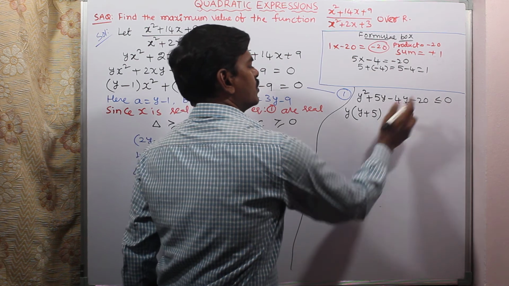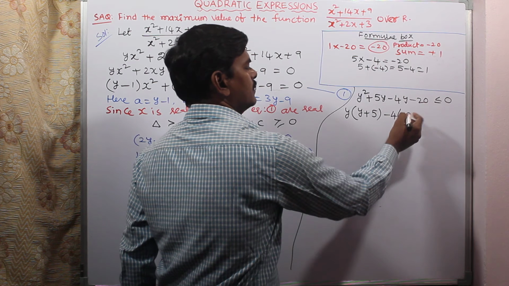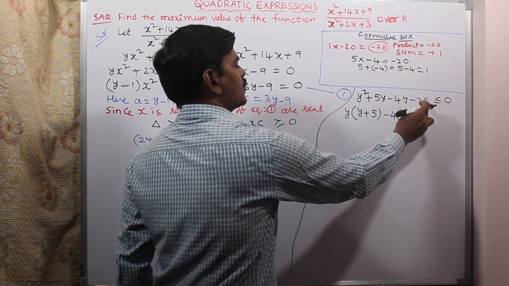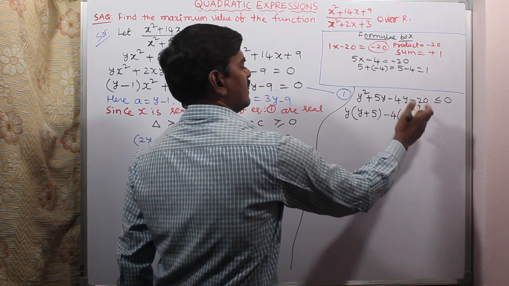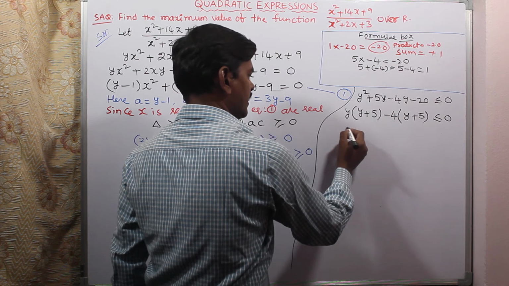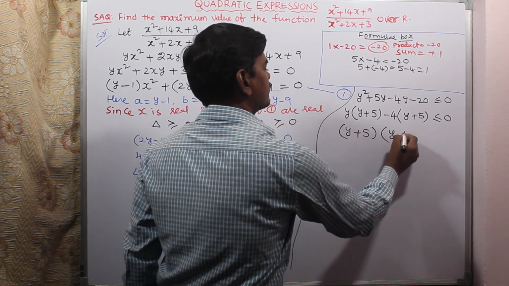We can take minus 4 common. After taking minus 4 common, we are left with y. Here minus taken as common, plus remained. 20 is nothing but 4 5s, 4 taken as common, 5 will remain. Overall we will get y plus 5 as the common term, y plus 5 into y minus 4 less than or equal to 0.